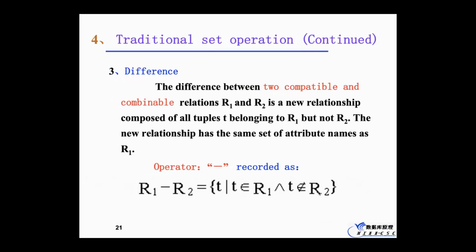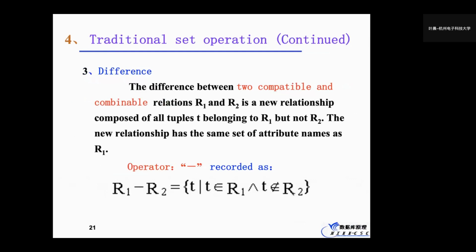Then let's see the difference, which we call the minus operation, between two relations. If you want to do the minus operation, you also need to make sure the two relations are compatible and comparable.